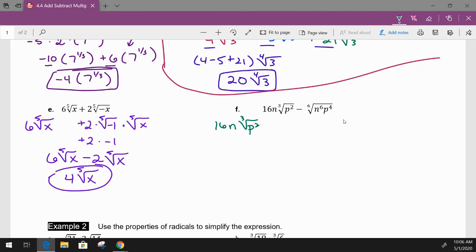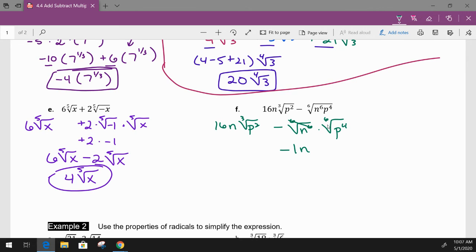So I'm going to separate this into the sixth root of n to the sixth times the sixth root of p to the fourth. Well, the sixth root of n to the sixth, root and sixth power reduce, and you just get n. Our negative is still in front, so we can make it a -1 if we'd like.